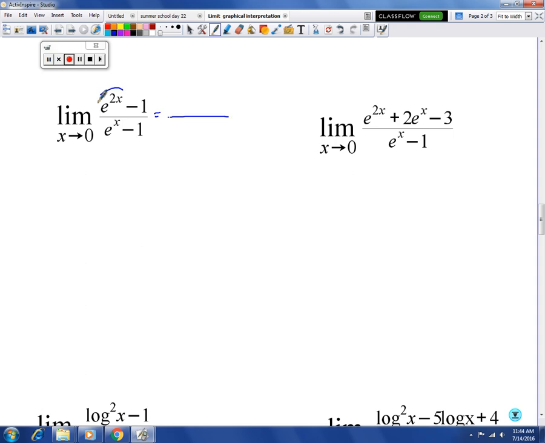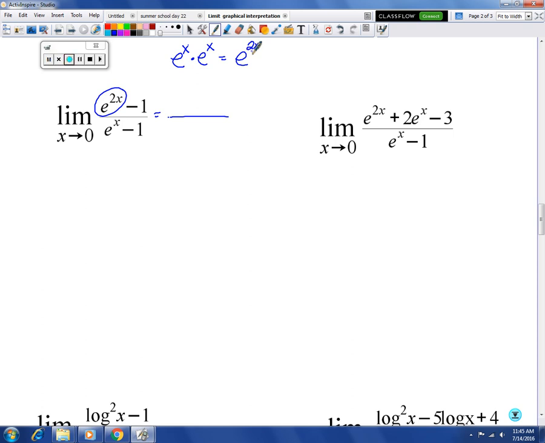But this is where students have a problem factoring this. What do we do with that e to the 2x? Well, our laws of exponents say this: if I'm multiplying two things that have the same base, I just add the exponents. So e to the x times e to the x is really equal to e to the 2x.